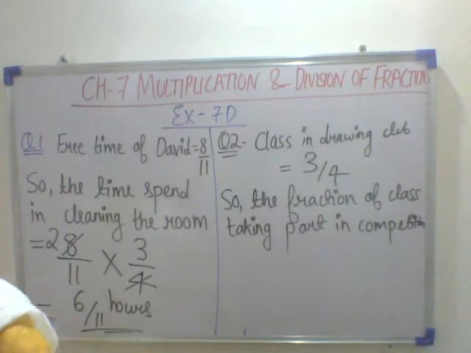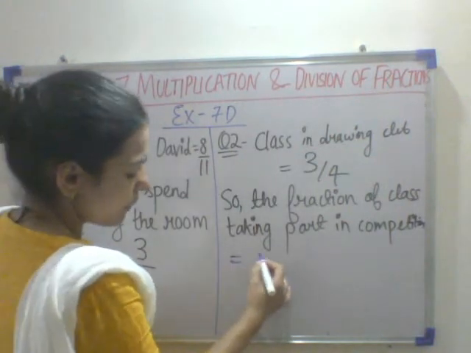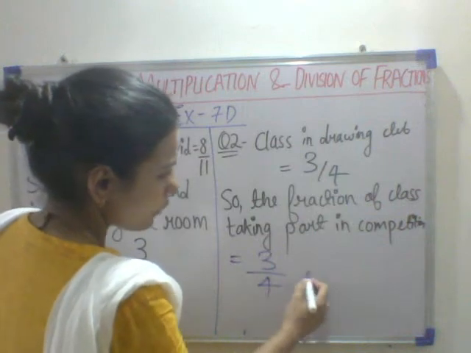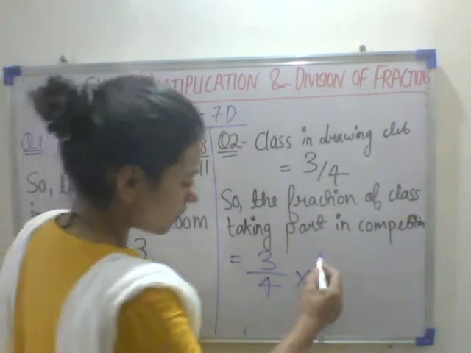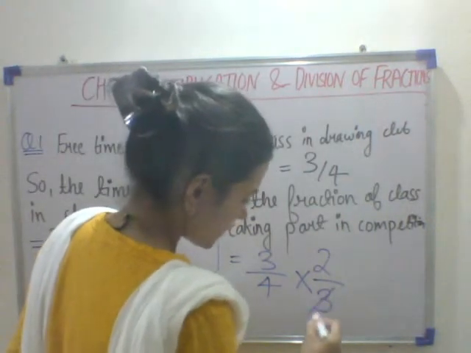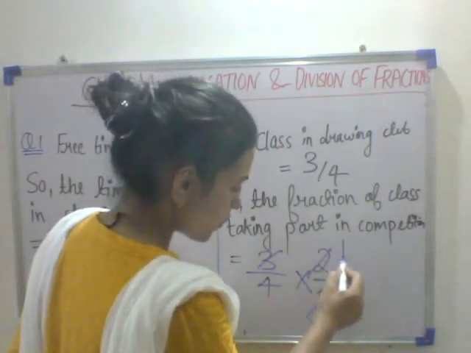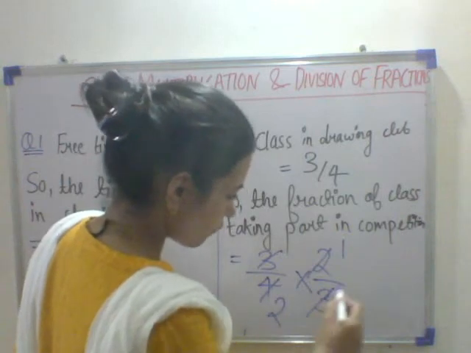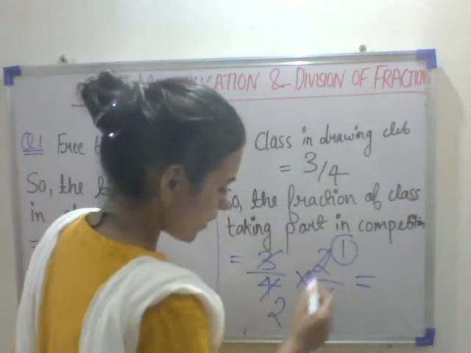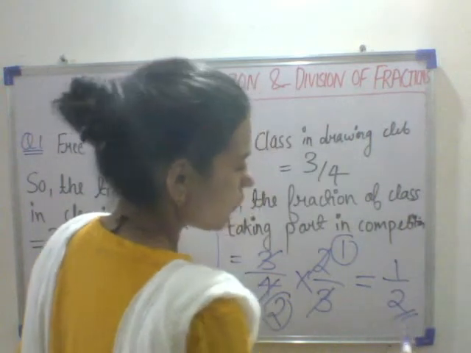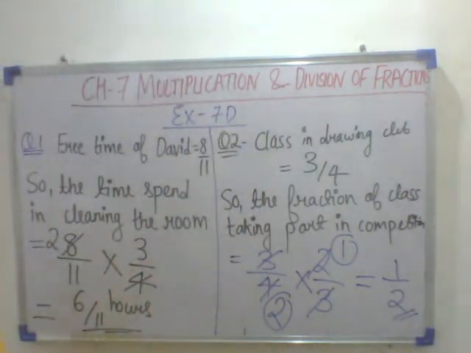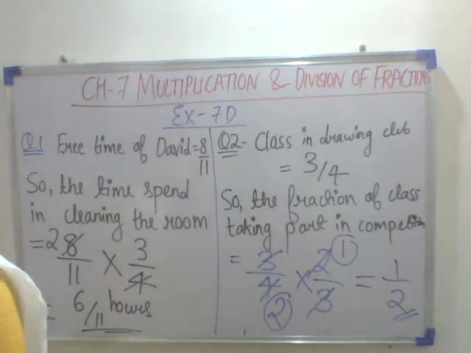So what will we be doing? We will be multiplying this 3 by 4 with 2 by 3. So this 3 cancels, 2 ones are 2 and 2 twos are 4. What is left here? 1 and 2. So half the fraction of the class is taking part in the drawing competition.